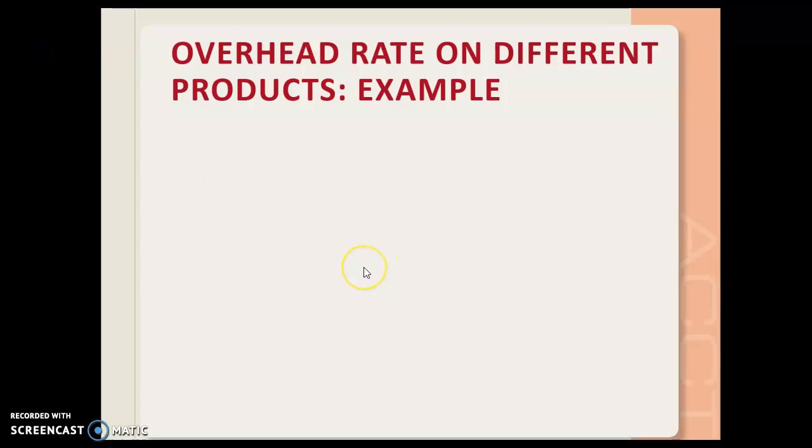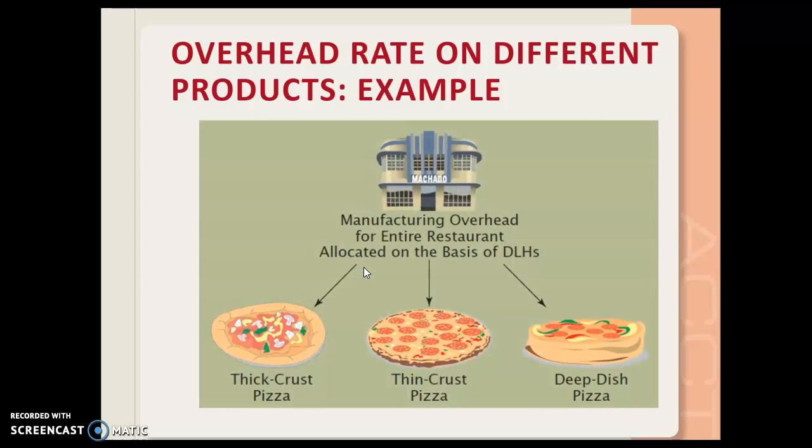Okay, let's take a look at calculating overhead rates for different products. This would be similar to calculating separate overhead rates for different departments or different processes. Here we have three different products: a thick crust pizza, a thin crust pizza, and a deep dish pizza.